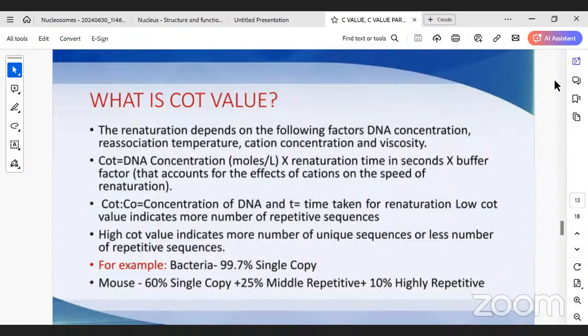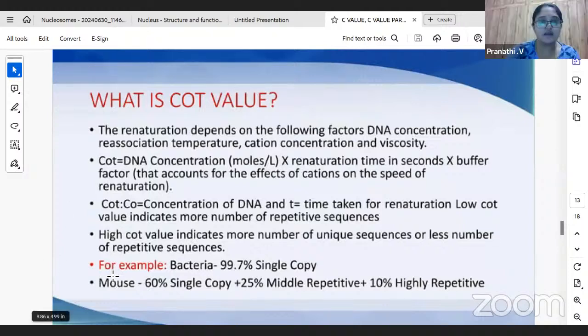So COT is the DNA concentration you're going to measure, in moles per liter, multiplied by renaturation time in seconds, and you're going to take into consideration the buffer factor. This buffer factor is basically the effect of the cations on the speed of renaturation.